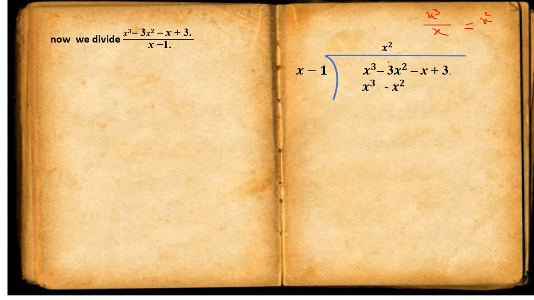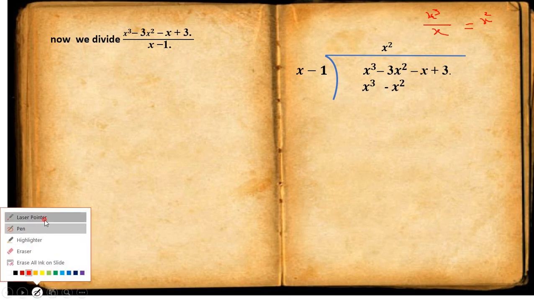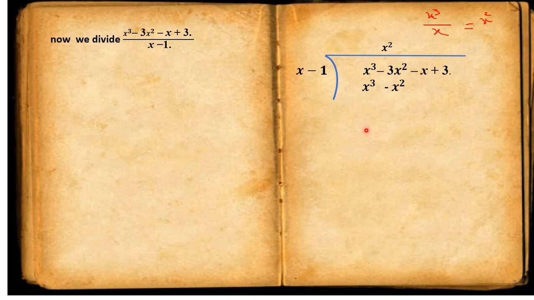So when x square is multiplied by x, we get x cube, and this x square multiplied by minus 1, the second term in the divisor, gives minus x square. Now as in the division process, we have to subtract. So the signs will be changed. This positive x cube becomes minus x cube.